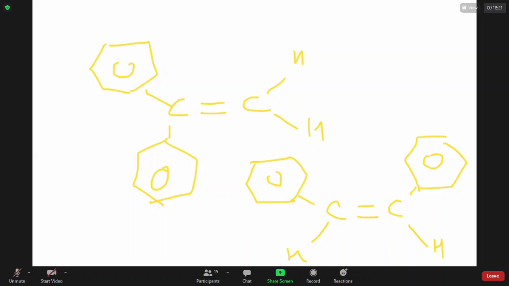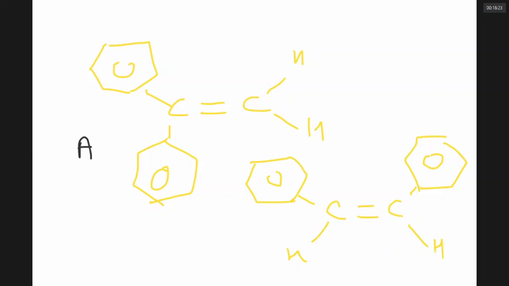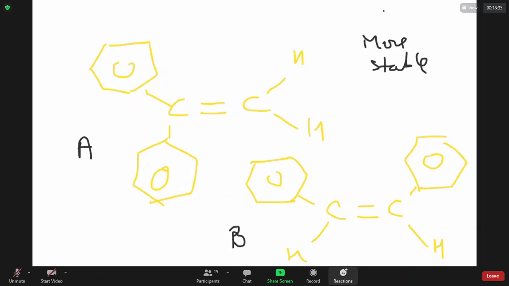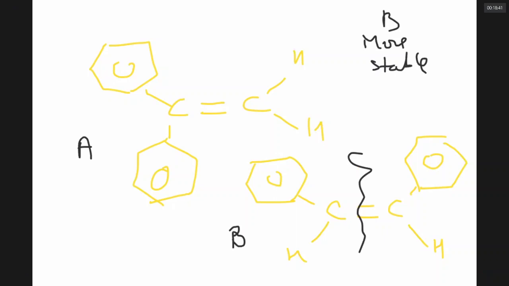If I am looking at these 2 compounds, A and B, which is more stable? B is more stable because B is more symmetric. Both have the same formula. Both are position isomers.